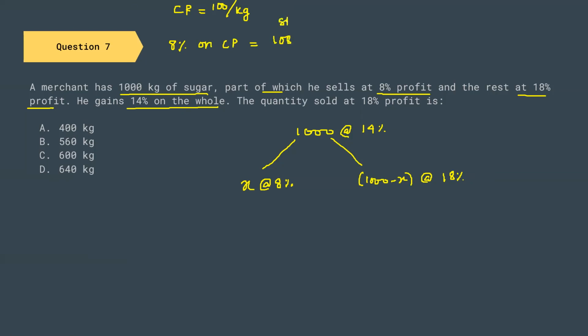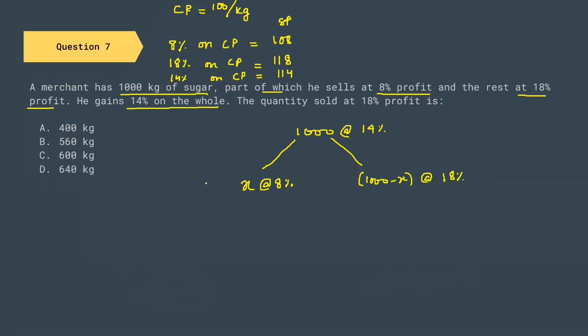That will be your SP. 18% profit on CP is 118 rupees SP, and 14% on CP is 114 rupees SP. So now you have to see in what ratio they are mixed with each other.